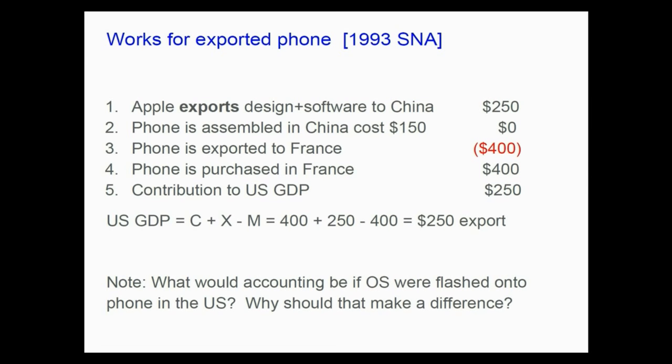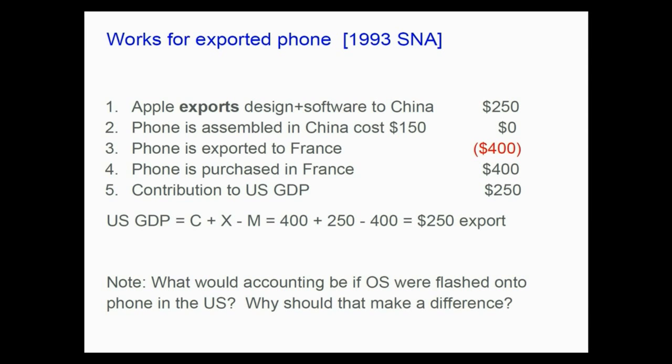Because really, when you're exporting that $400 phone, $250 of that value is made in the US, and if you count it as a US export, that's going to show up in US trade statistics and GDP. So that's my opinion, at least.